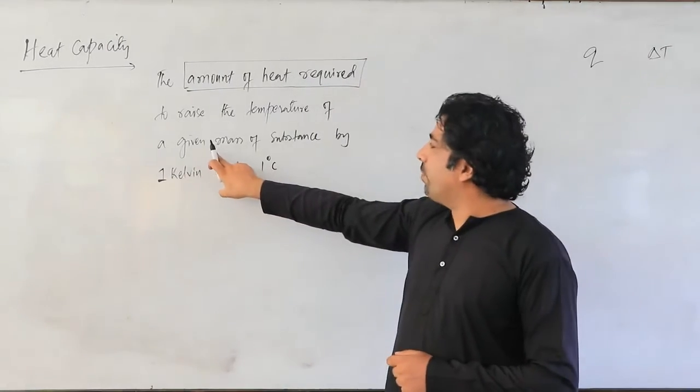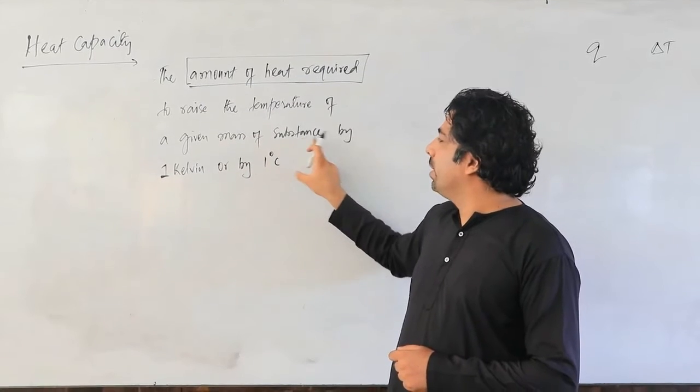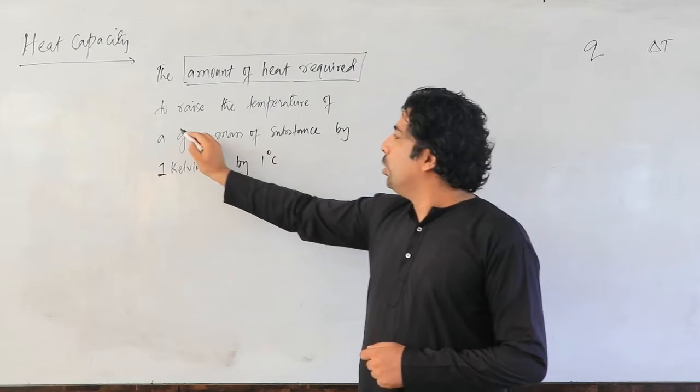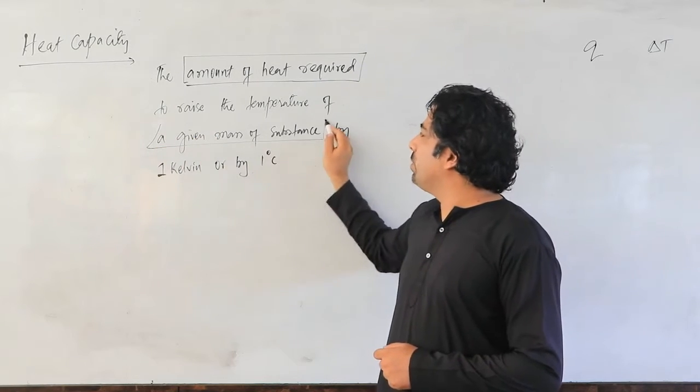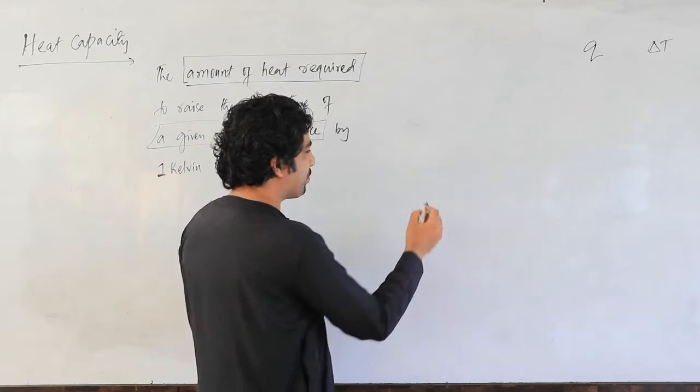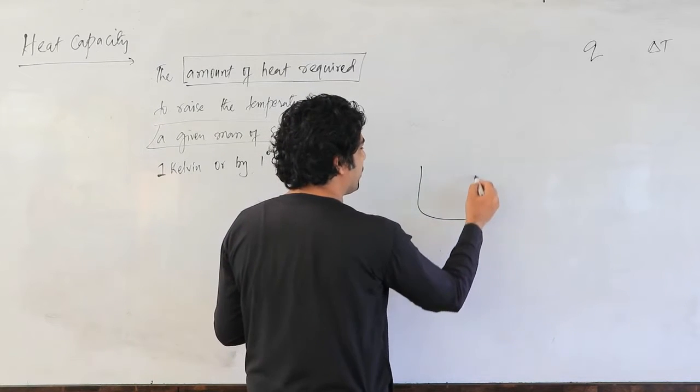And now here, for a given mass of a substance, by 1 Kelvin or by 1 degree Celsius, my dear friends. So a mass will be given to you of an object, correct or not? So let us take some water here.